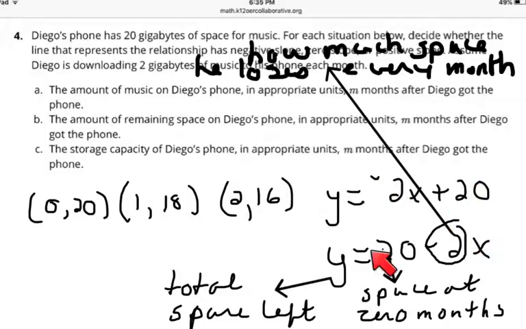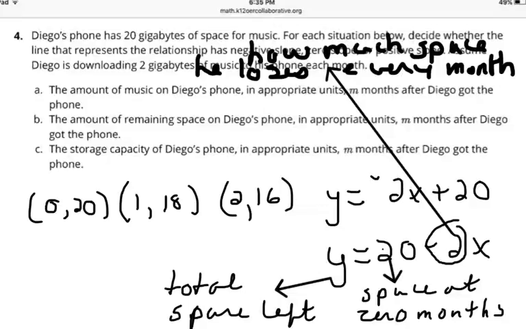And then I changed it because the situation, it's always okay to change it, by the way, but the situation seems to make more sense if you start with the fact that he had 20 gigabytes of storage space and he's losing 2 gigabytes of storage space every month because he keeps downloading music. X represents the number of months and Y represents the total space left.